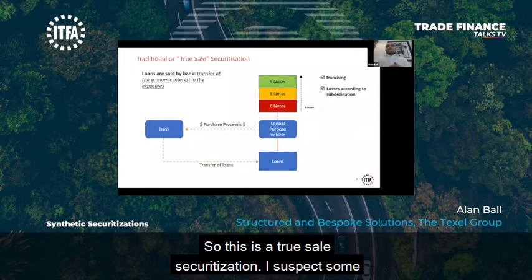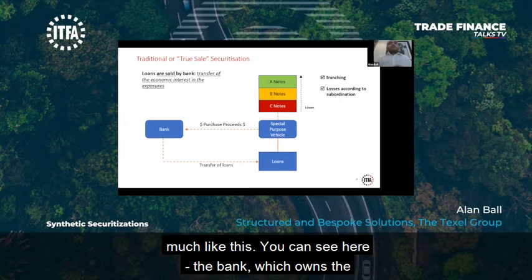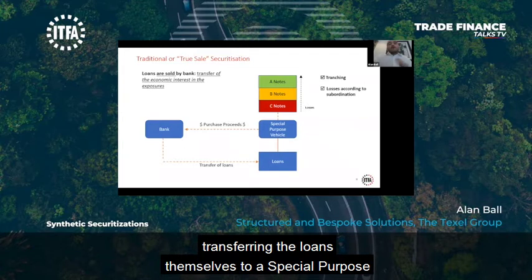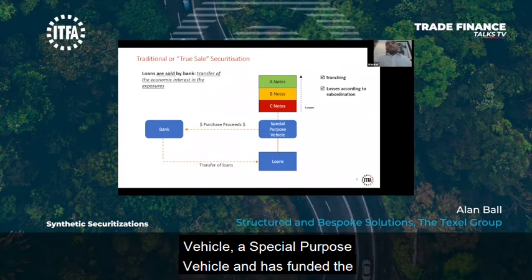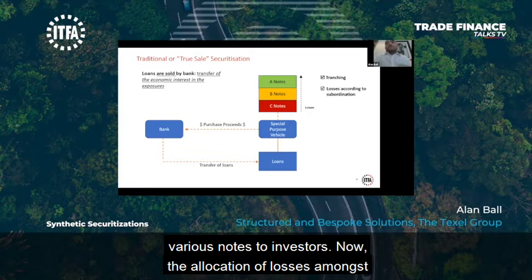So this is a true sale securitization, and I suspect some of the audience may be familiar with a structure that looks very much like this. You can see here, the bank which owned the portfolio of loans has transferred the risk by actually transferring the loans themselves to a special purpose vehicle. That special purpose vehicle has funded the purchase of those loans through the issue of debt in the form of various notes to investors.